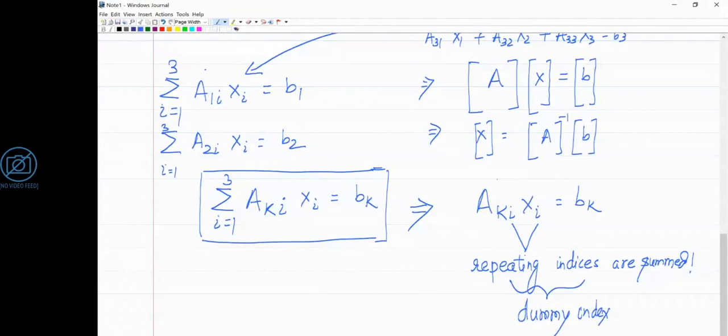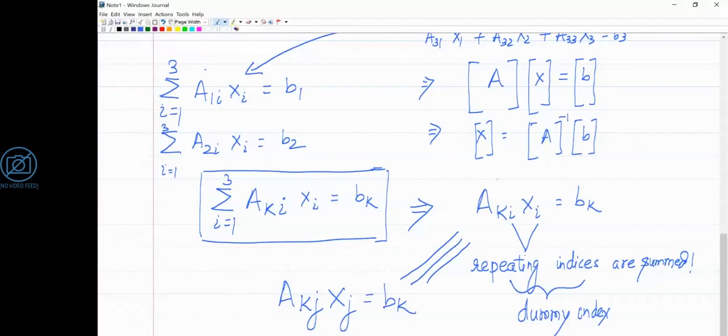Let's say you can replace i with j. So this is equivalent to writing a_kj x_j is equal to b_k. Okay, so you see i got replaced with j because it is just a variable of summation, isn't it? So therefore it's called a dummy index. It's dummy.